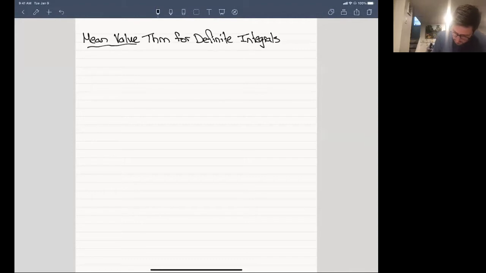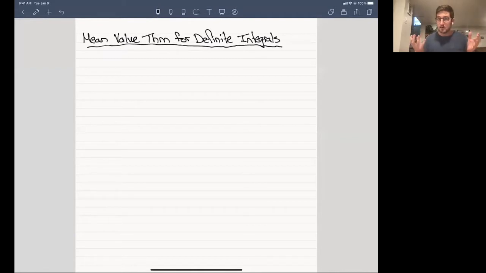Some of you may be familiar with the mean value theorem, as it's typically stated in terms of derivatives. It's one of the most fundamental and one of the most famous results in all of differential calculus. And as I mentioned at the top of this lecture, the fundamental theorem of calculus is going to help us unite this perspective of derivatives and integrals.